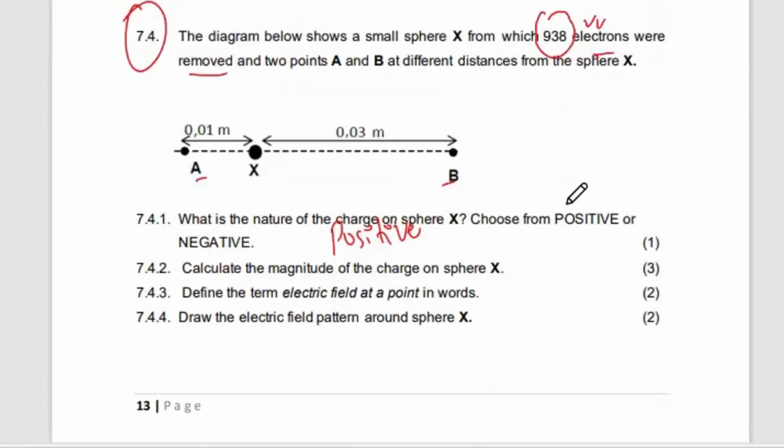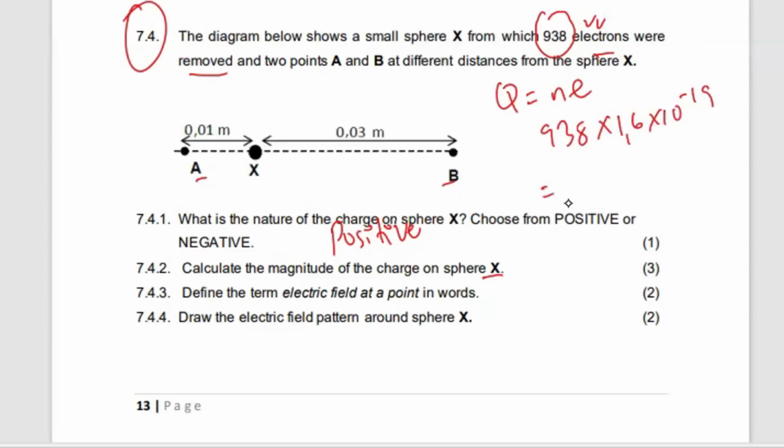Then 7.4.2, they want us to calculate the charge on X. So I think we can use this: Q is equal to n times e. So we have 938 multiplied by 1.6 times 10 to the negative 19.